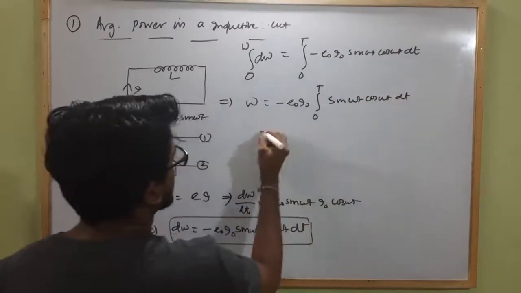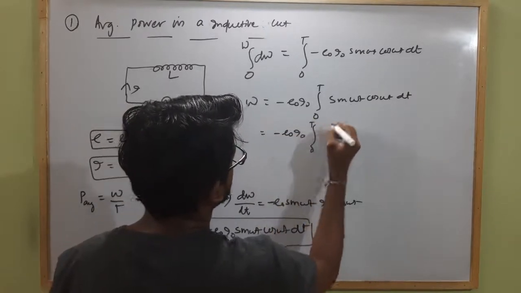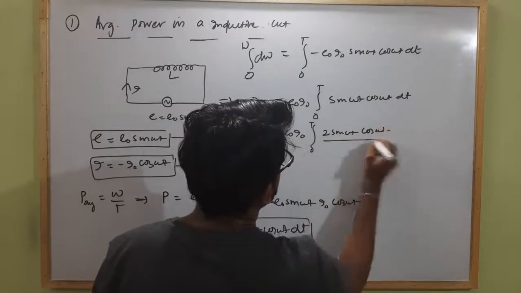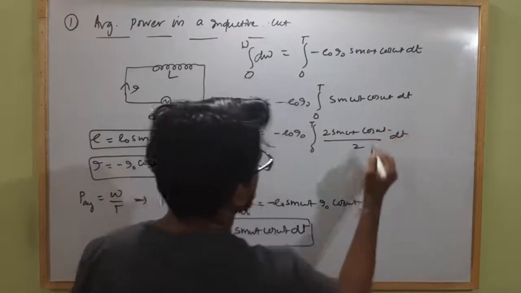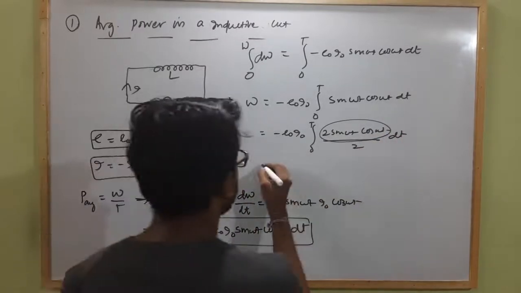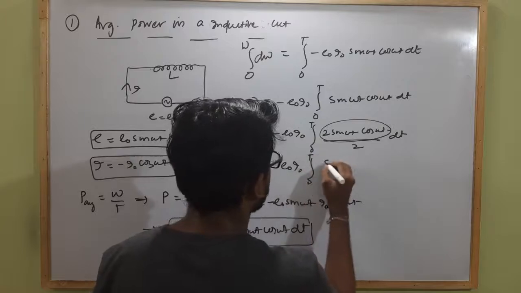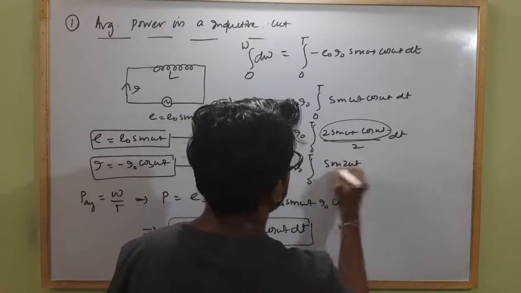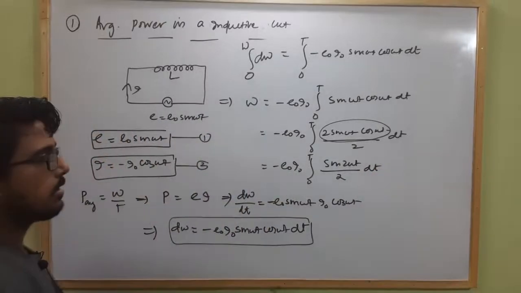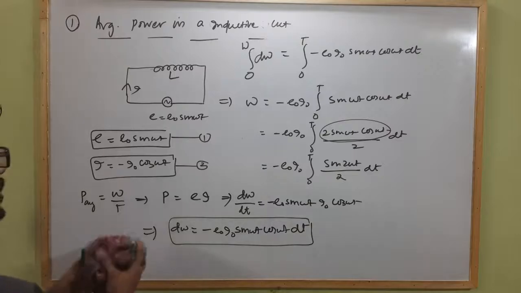This can be simply integrated as minus E naught I naught, integration from 0 to t, 2 into sin omega t cos omega t divided by 2 into dt. This complete term will become sin 2 omega t. So minus E naught I naught, integration 0 to t sin 2 omega t divided by 2 dt. Clear?